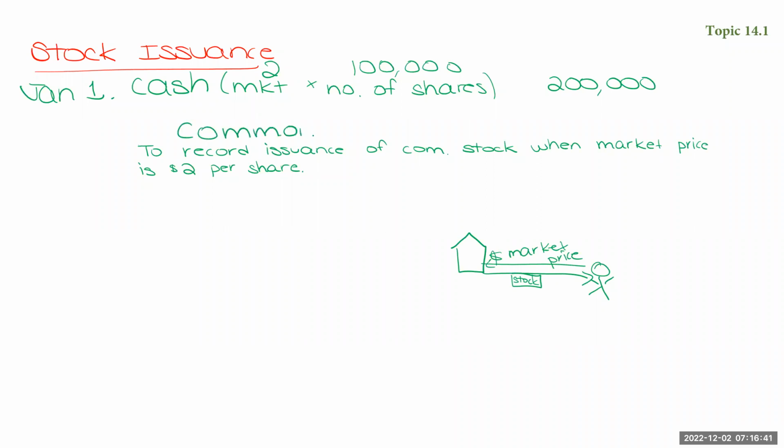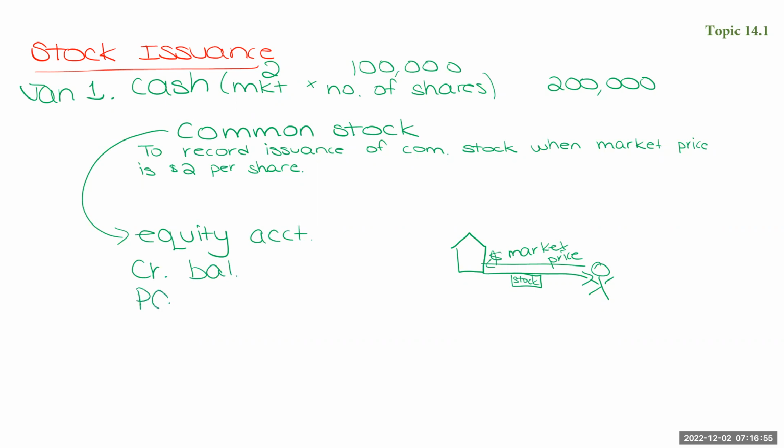Remember common stock, it's been a while since we've seen this account. But we know common stock is the equity account, which means it has a normal credit balance. And it's always going to be recorded at par value. So going back to the corporate charter, we see the par value was 50 cents times the number of shares.